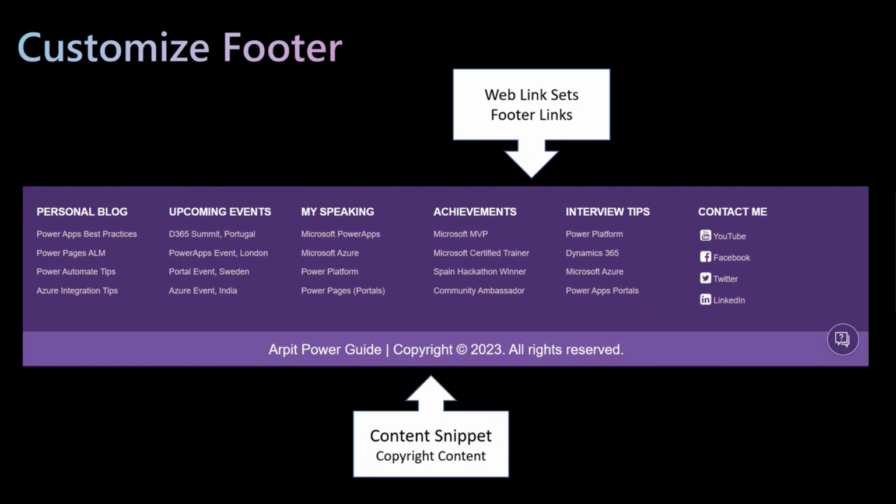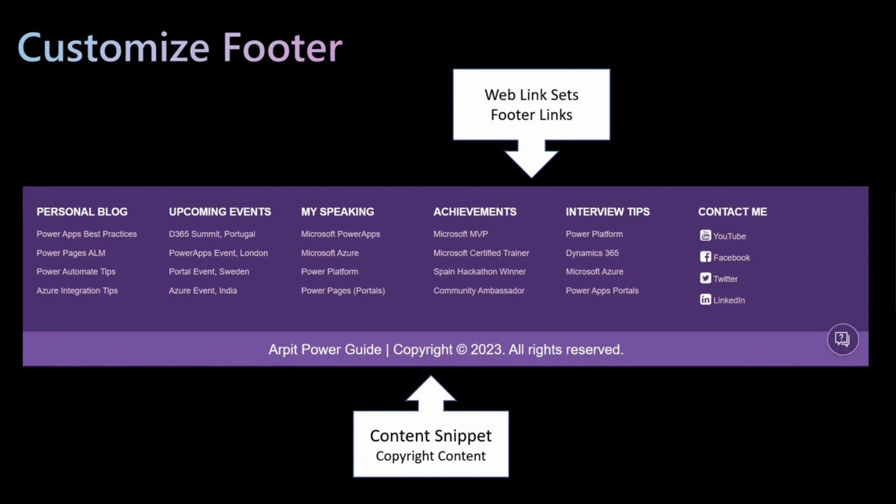And if you have to display any sort of links, because I have seen most customers show a lot of links on the footer, like contact us, support, and other information about their company, like subscription for the newsletter, these links we can keep in the web link set.